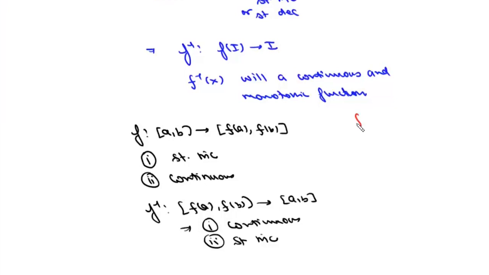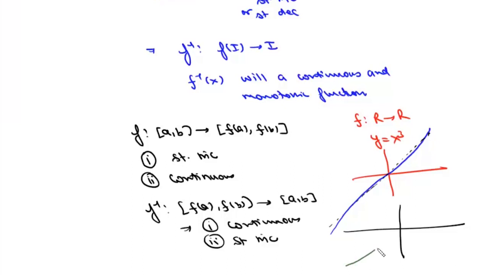Say for example, this function f, it is defined from R to R, and this is y equals x cube, and we know graph of x cube is this strictly increasing function. And if we draw the graph of f inverse of x, for that we'll draw this y equal to x line and then take reflection of this graph about y equal to x line.